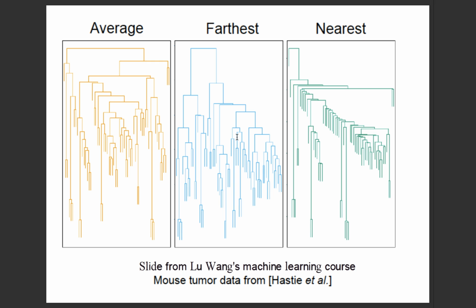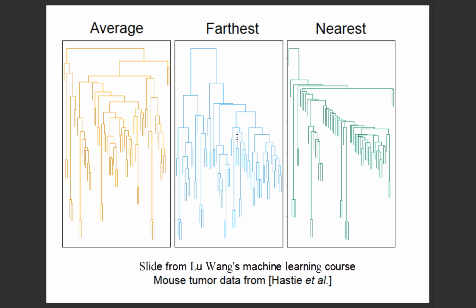No matter how the other points in the groups are distributed, it doesn't care. It only cares about the closest pair. So the cluster will be dominated by some very close pairs, and here you see it's quite a chain cluster. That's why sometimes we don't like single linkage.